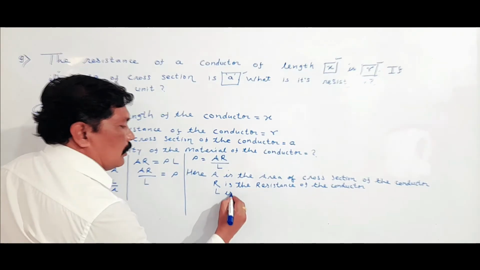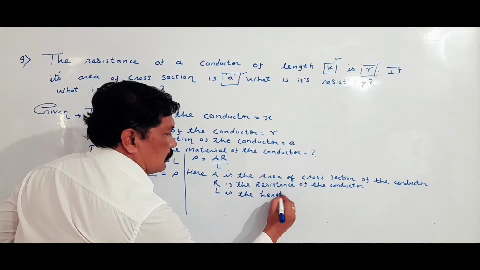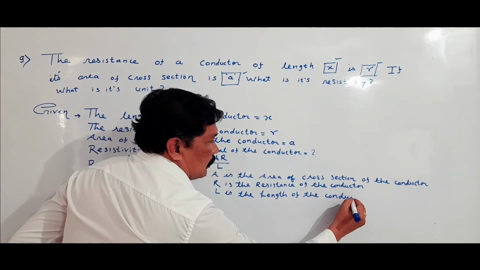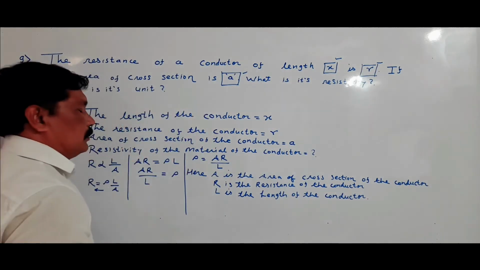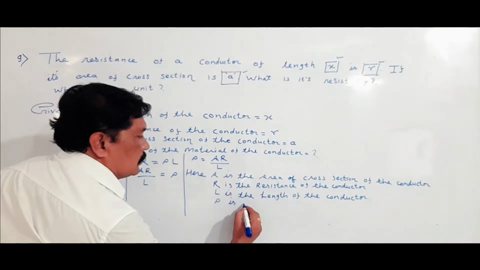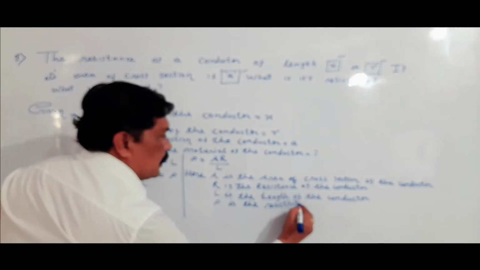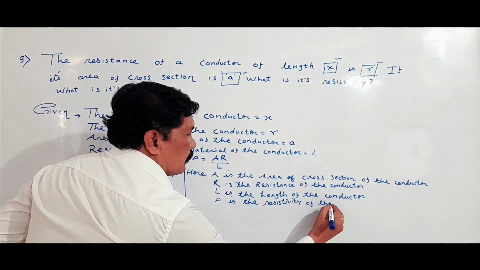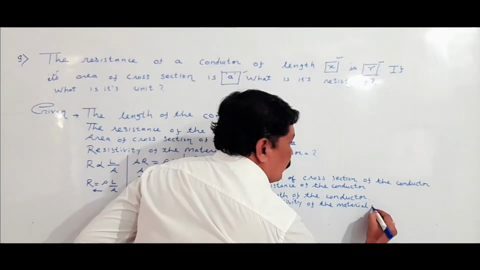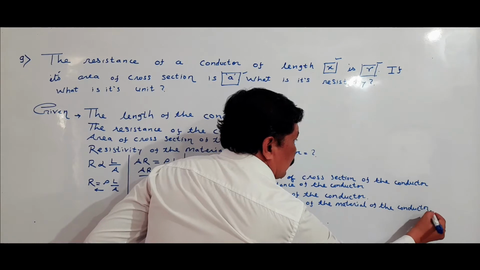L is the length of the conductor, and rho is the resistivity of the material of the conductor.